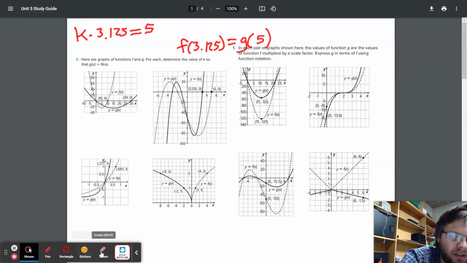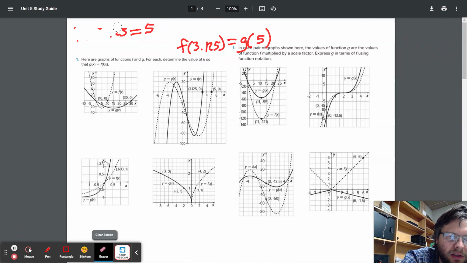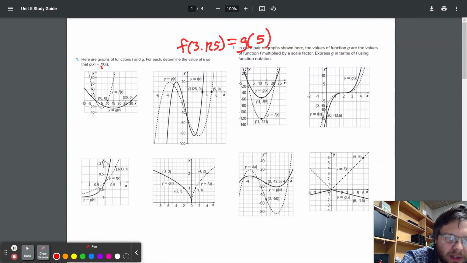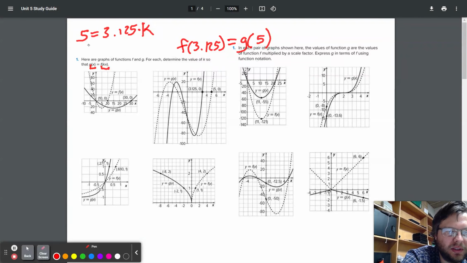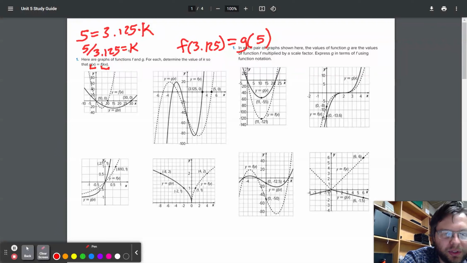What I want is f of kx, so I'm going to take this to match up with g of x. So I'm going to say 5 equals 3.125 times k. And so then 5 divided by 3.125 is equal to k.